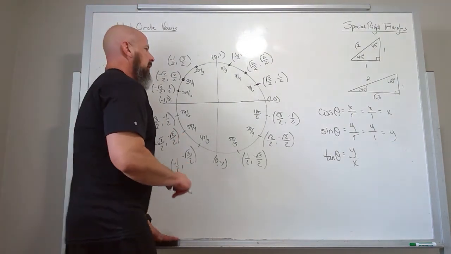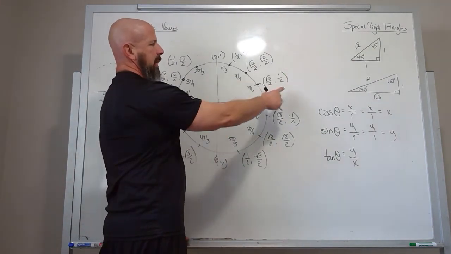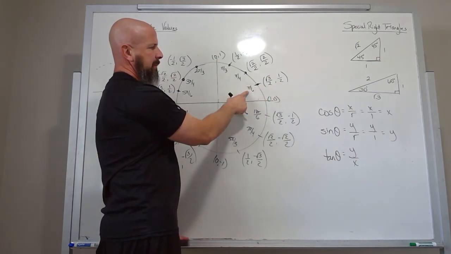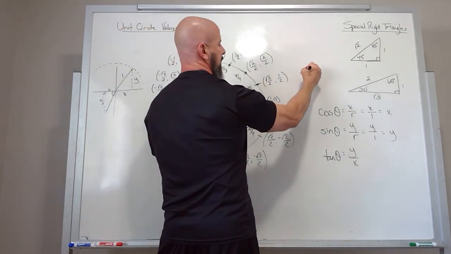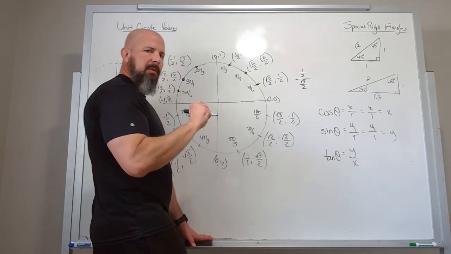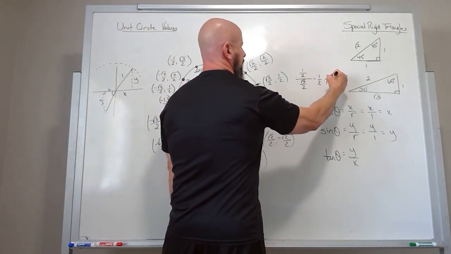Tangent, it takes us a little bit more, but tangent, y over x. So it would be 1/2 over root 3 over 2. So the tangent of pi 6, the 2's would cancel. If you think about it, you'd have 1/2 over root 3 over 2, and then you'd invert and multiply. That's why the 2's would cancel.